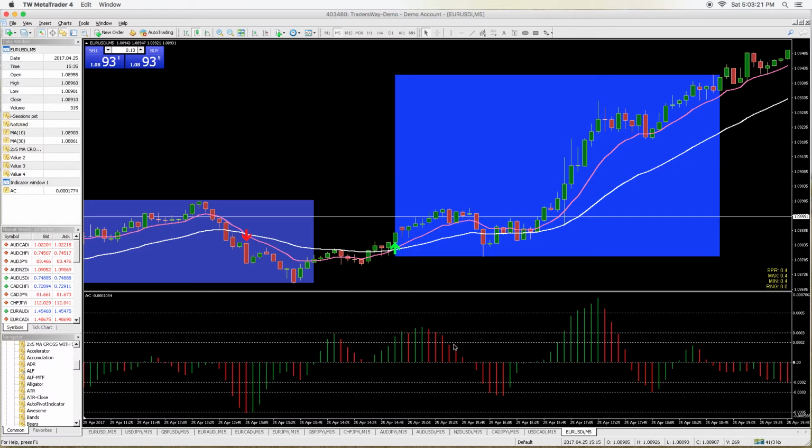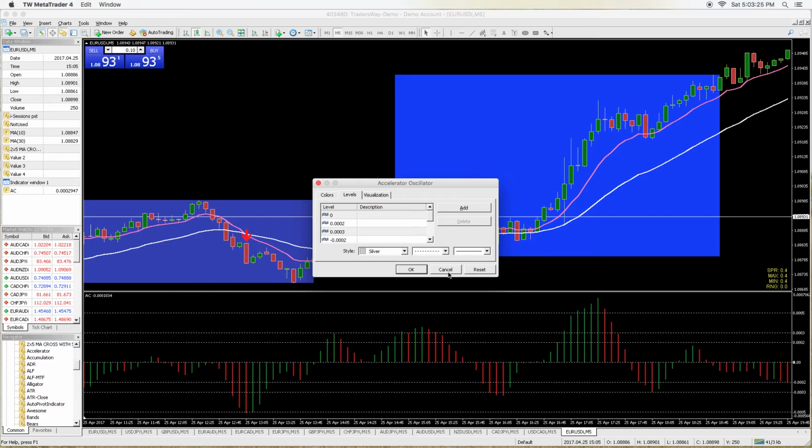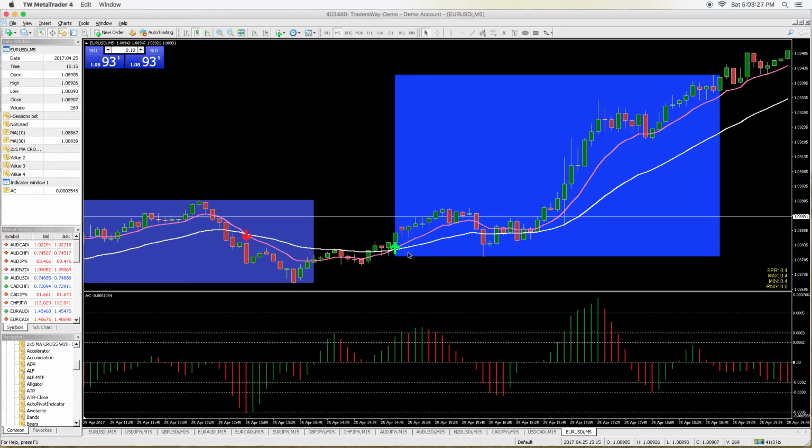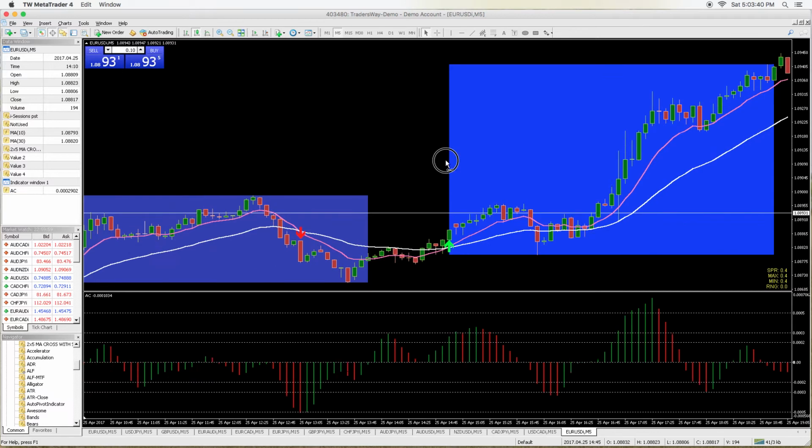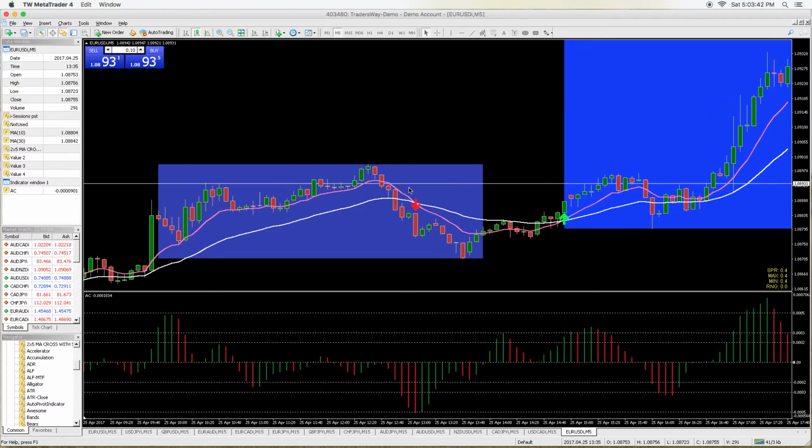So this down here is always going to be relative to the previous bars on the chart, the previous 10, 20 bars or so before that.